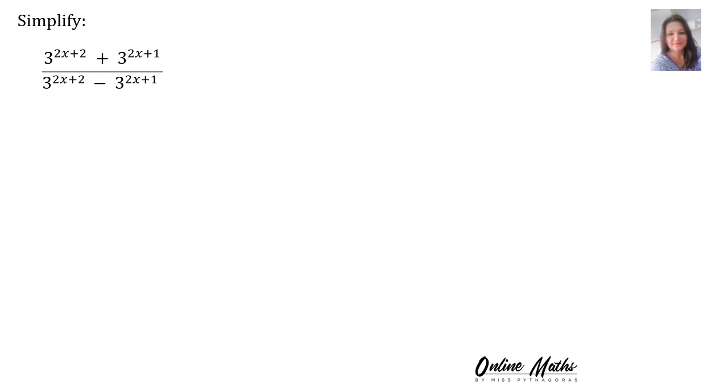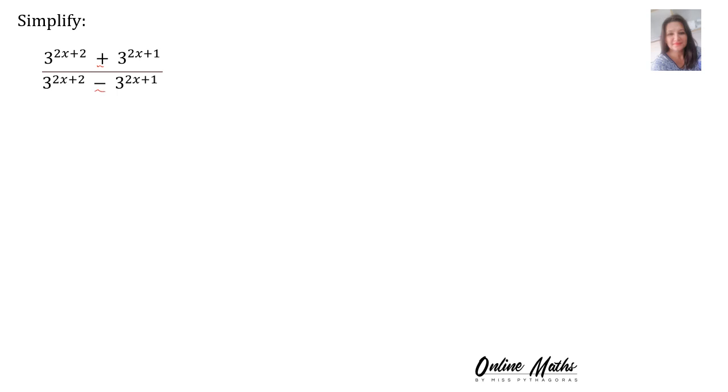In this example, you will recognize that it's an exponential expression, and the terms are being separated by plus and minus. So now you know this is where you're going to pull out a common factor.